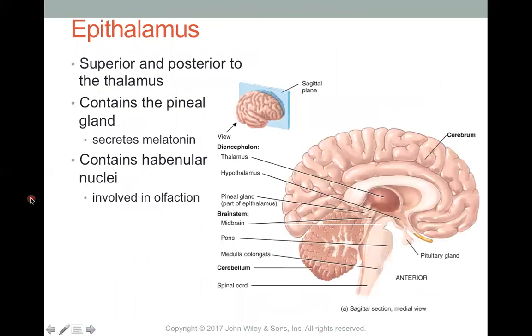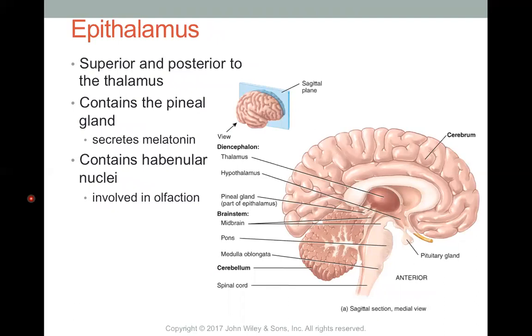Next is the epithalamus. The epithalamus lies superior and posterior to the thalamus, and in your epithalamus you have your pineal gland, and you also have the habenular nuclei.